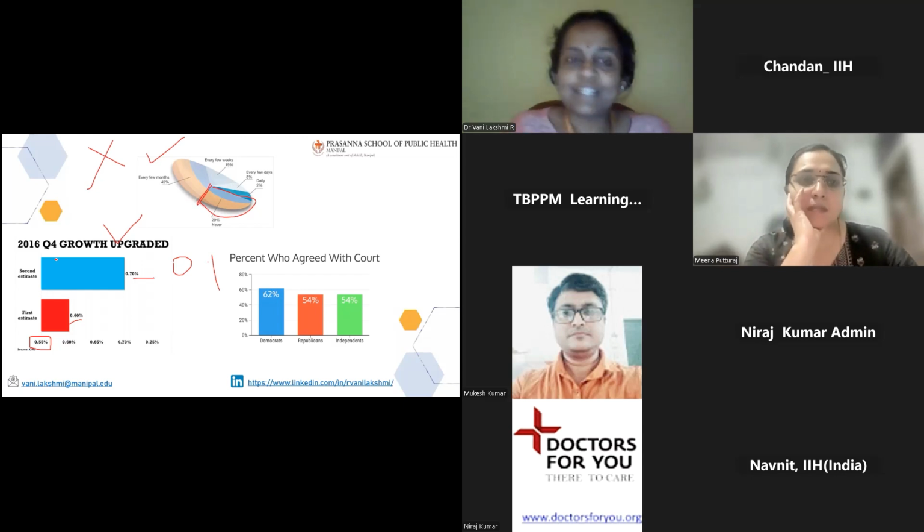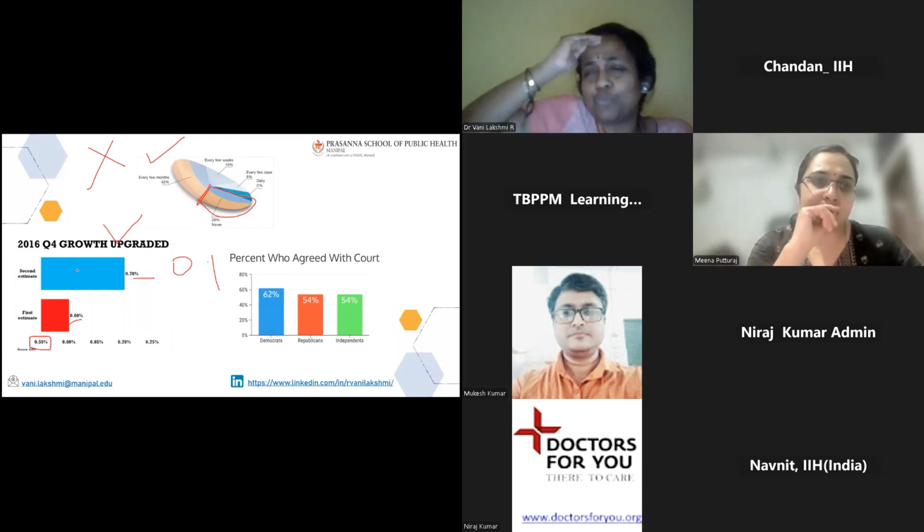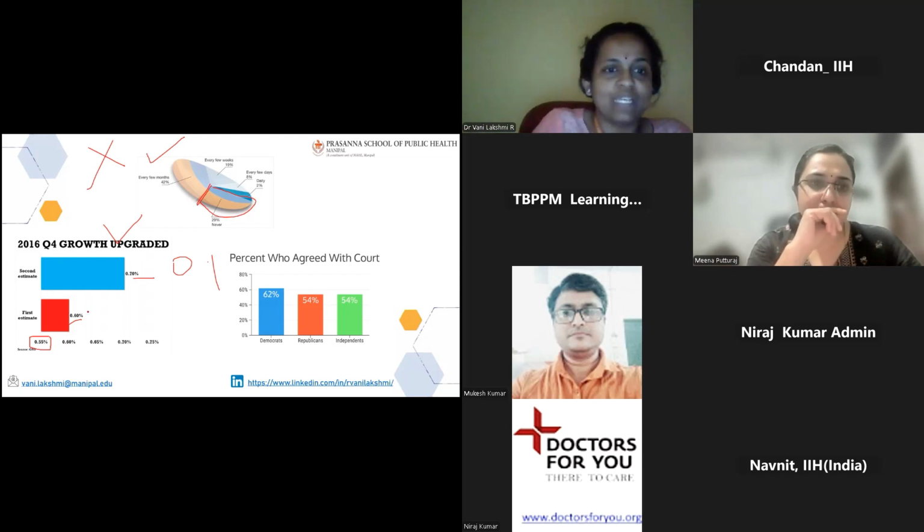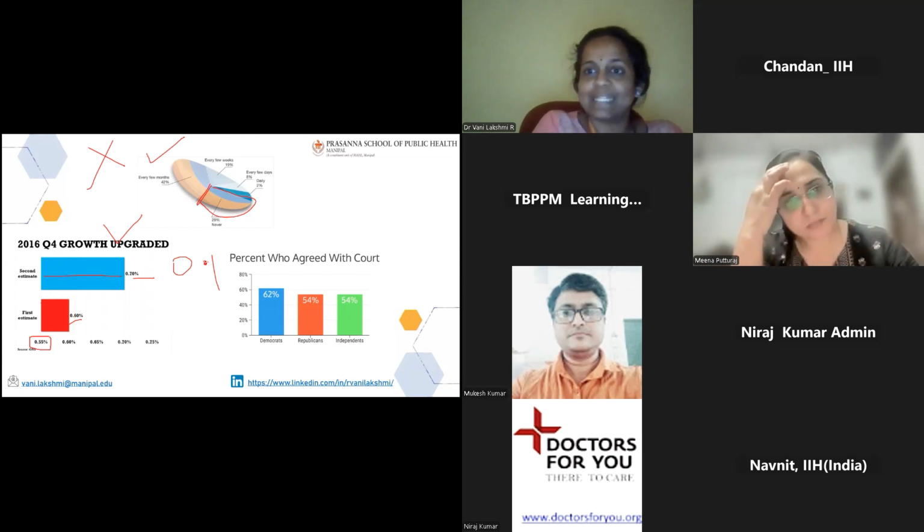You feel that, oh, super duper growth and all. But this is 0.6 and 0.7, not 60 and 70. And you see how small this bar is when compared to this, when the difference is 0.1. This is how people mislead us actually.